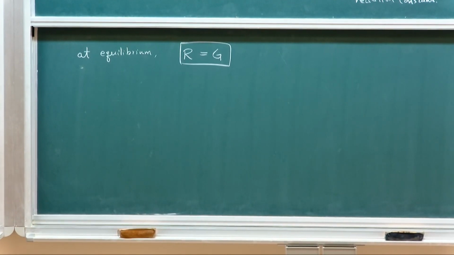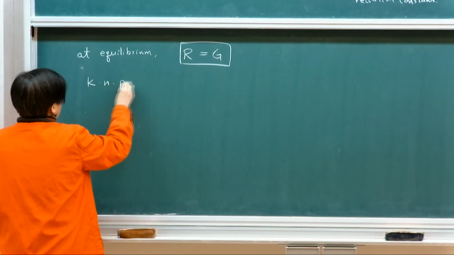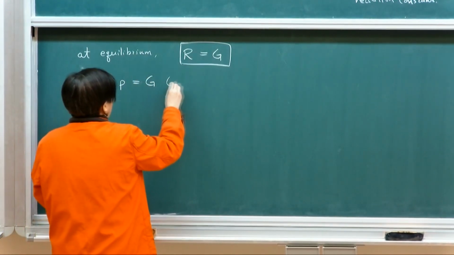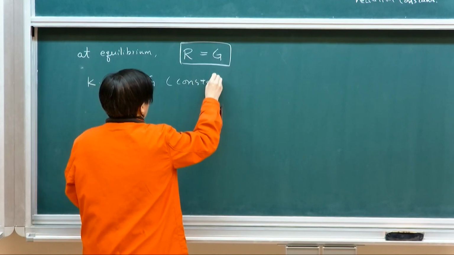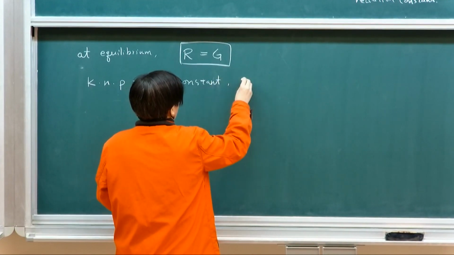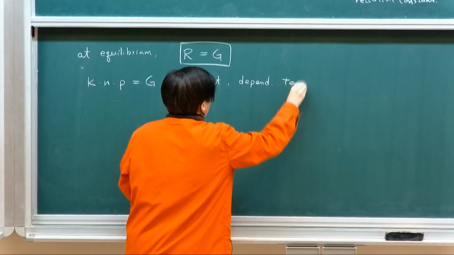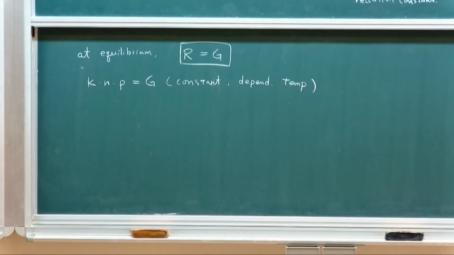And because generation comes from thermal energy, under a certain fixed temperature the generation rate should be fixed and the same independent of material. Therefore, you get K times N times P equals G. G is a constant, and it only depends on temperature, or external energy, if you have thermal generation or optical generation, which would be other things.